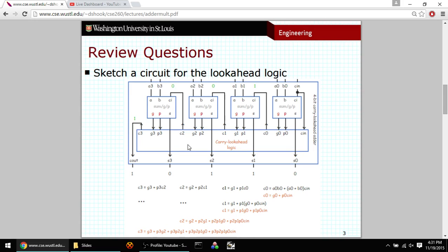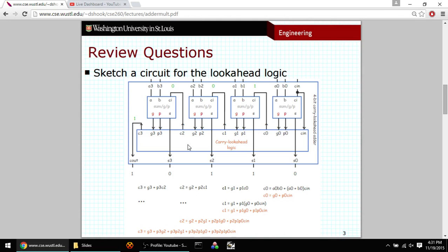Whereas if I do it this way, it's still kind of ripple-esque, right? It's still like the carry ripple, where I have to wait for the carry bit to be computed before I can determine what I'm going to do next. So I think this way would still be a little faster than a carry ripple adder, but this way is the true carry lookahead, and it has to be the expanded version. Part of this section, if you went through the side book, which I hope you did, was talking about trade-offs.